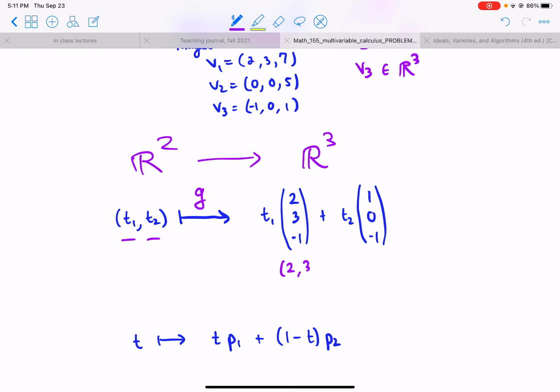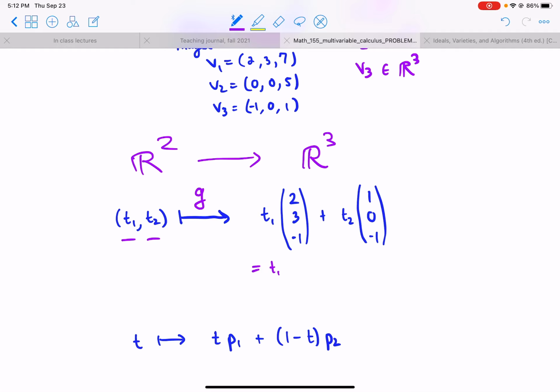I could have written (2, 3, -1), but sometimes it's nicer, especially when we're multiplying a vector by some number. So here t1 is a real number. And when I write R2 above (t1, t2), that's telling you that this is an element of R2. Okay. And so this is yet another way that we use parentheses to hold a vector written as a vertical column.